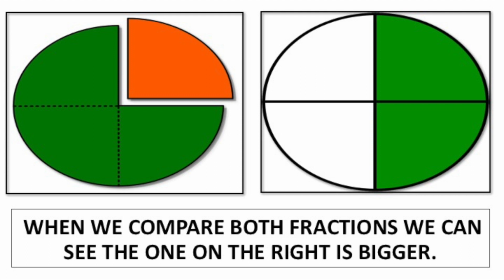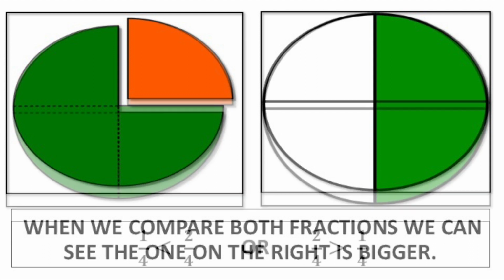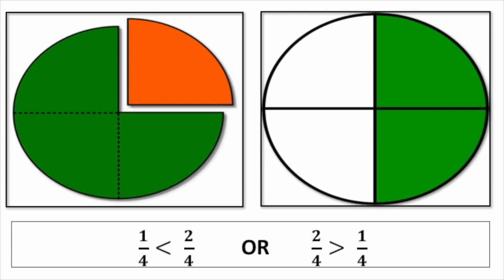Yes, because we've got 2 over 4 bigger or more than 1 over 4. So we can say it two ways. We can say 1 over 4 is less than 2 over 4. Or looking at it the opposite way, 2 over 4 is more than 1 over 4.